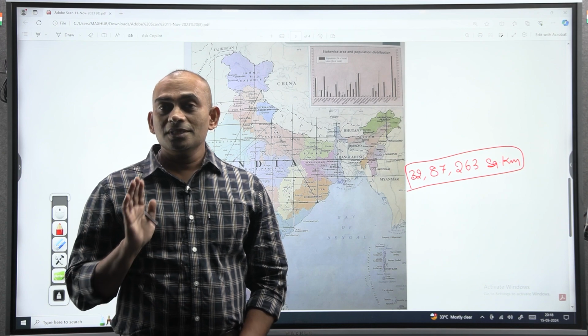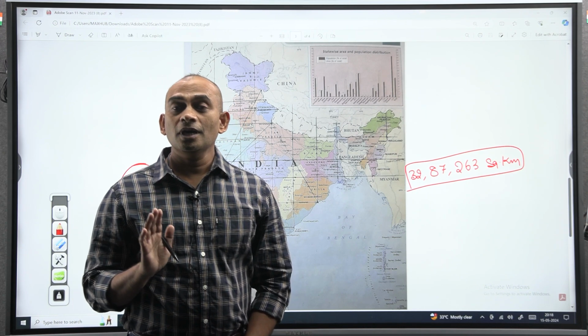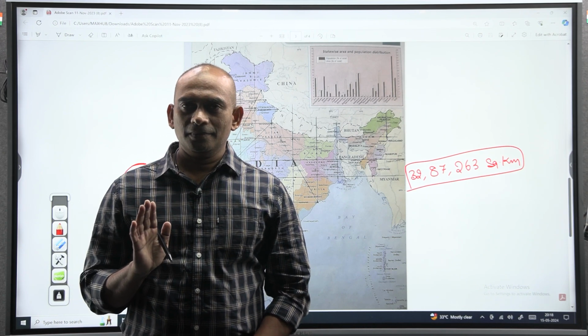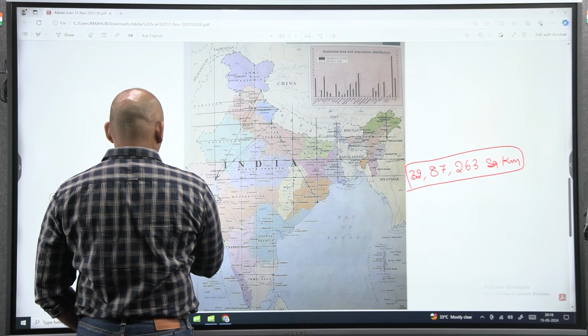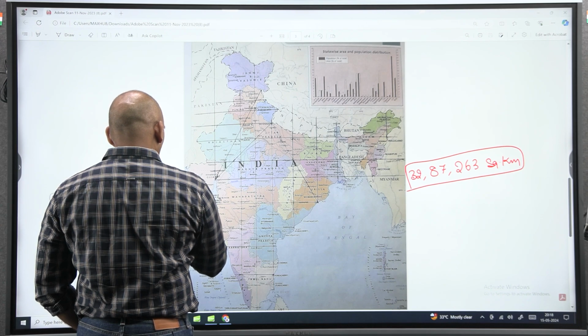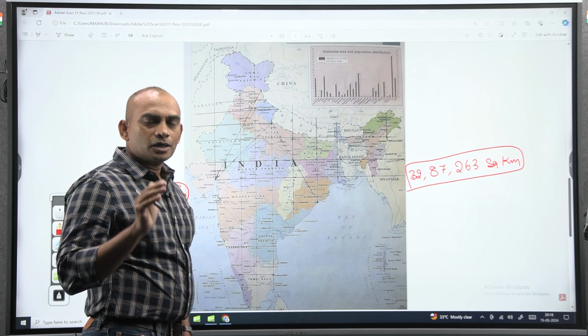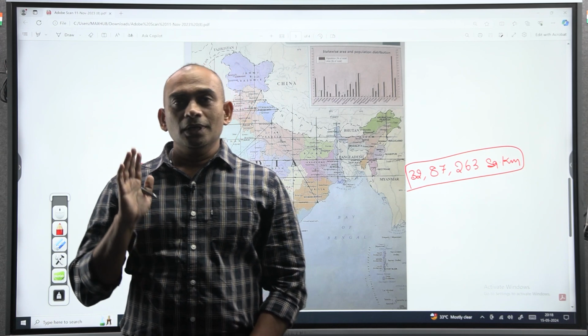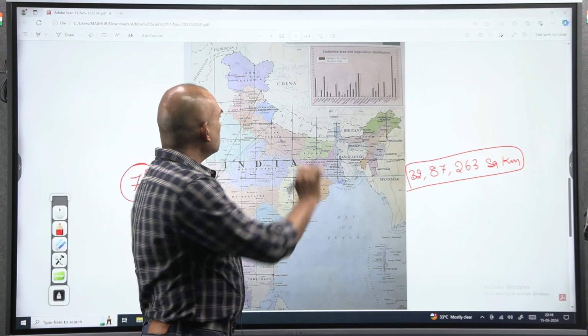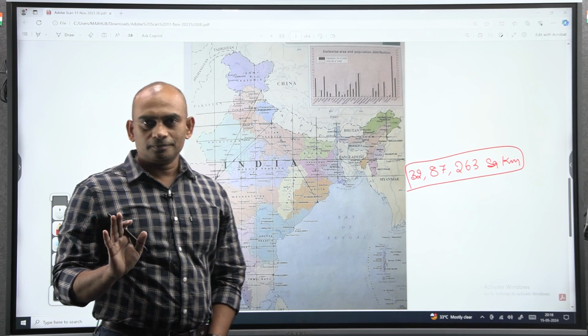So what is the country which has the highest area? That is Russia. The remaining countries we are going to learn in the next classes. First of all, we are going to look at India's map.